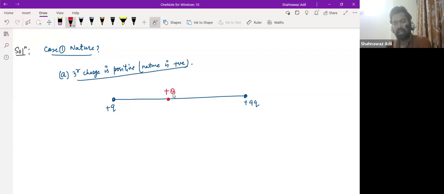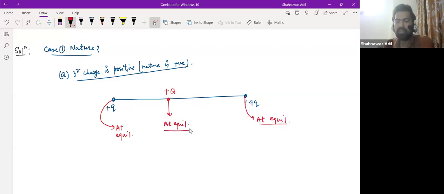They are saying that the whole system is at equilibrium, which means that this is at equilibrium, this is at equilibrium, and this is also at equilibrium. So the whole system is at equilibrium means that all the charges are at equilibrium, and I have taken the positive charge. So let's see this case.